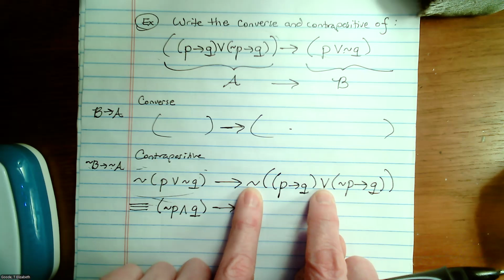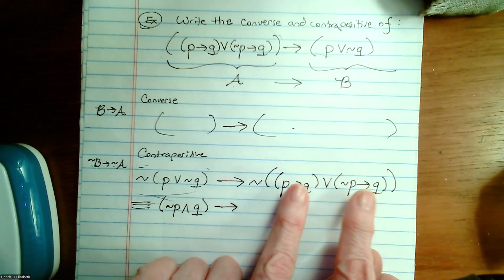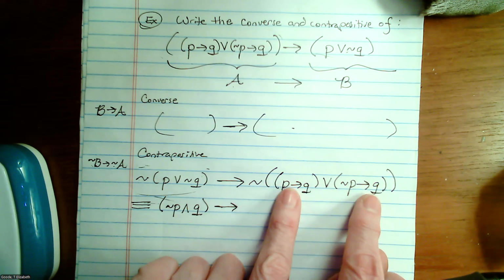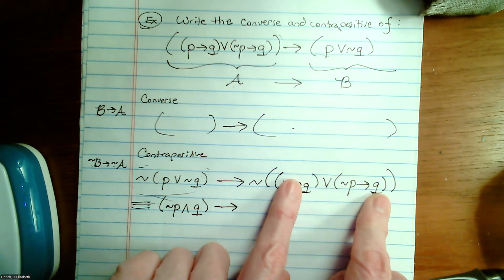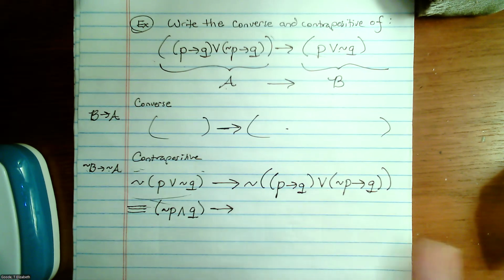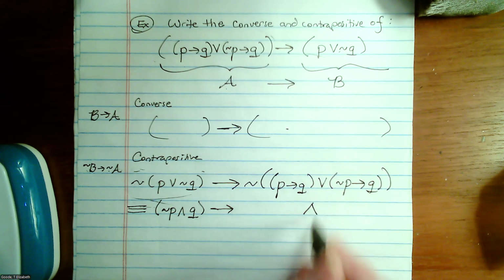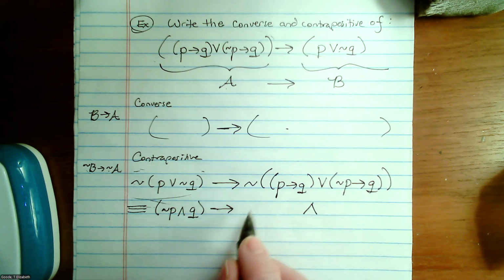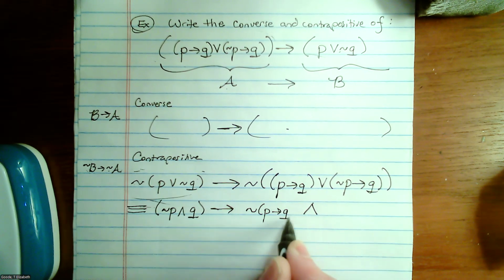So the first thing we're going to do is bring the not through and apply De Morgan's laws to negate these two components and flip the or. So the or becomes an and, and it becomes not P implies not Q. Oh, the whole thing.